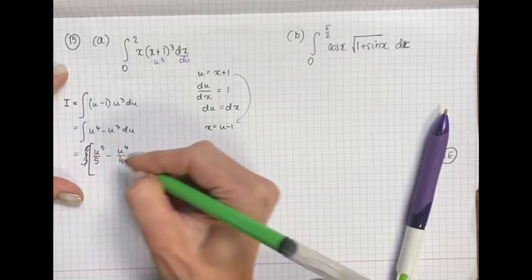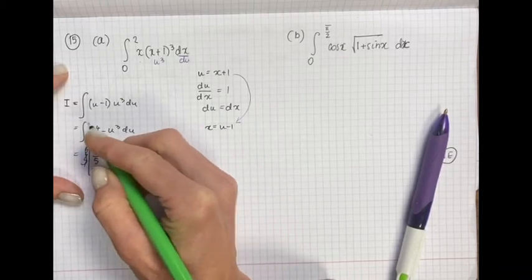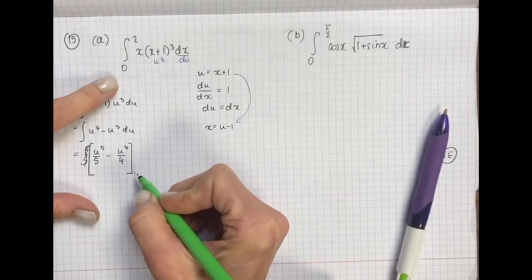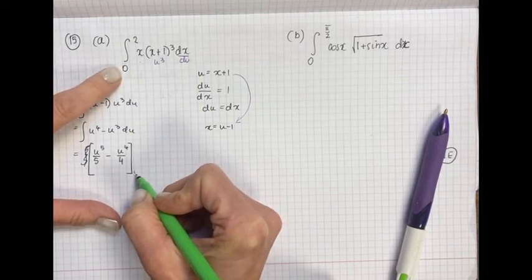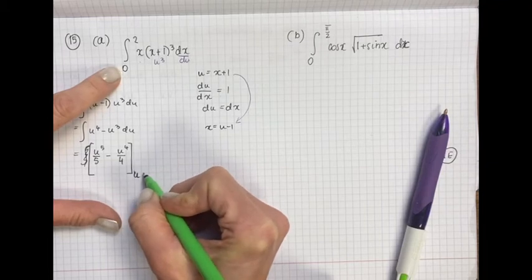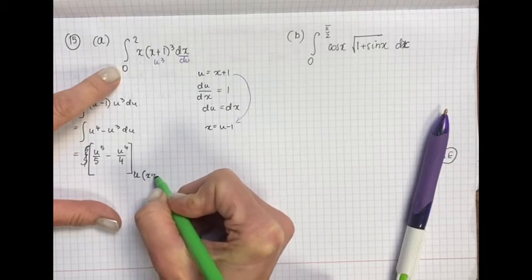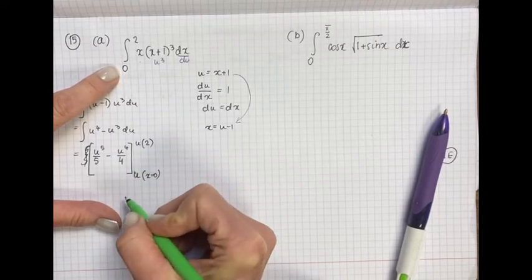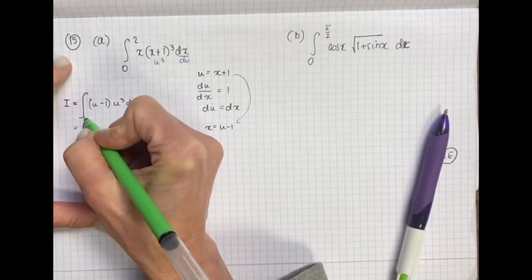Now, if we do have limits, we are going to substitute limits, but at the moment they are x's. So we need to find what u is when x is equal to 0 and what u is when x is equal to 2. So these are our new limits.